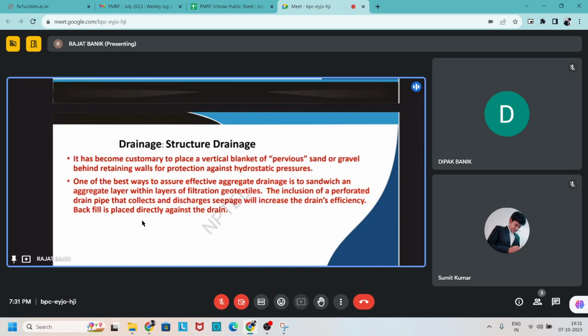That means it is mostly used for retaining walls to reduce the hydrostatic pressure behind the retaining wall. And it is most effective when an aggregate layer is sandwiched within layers of filtration geotextile.